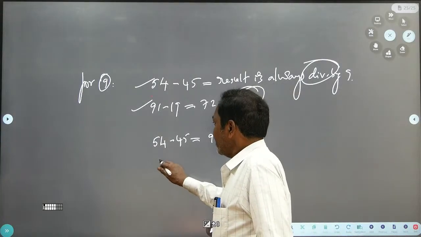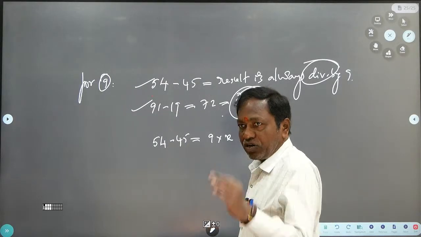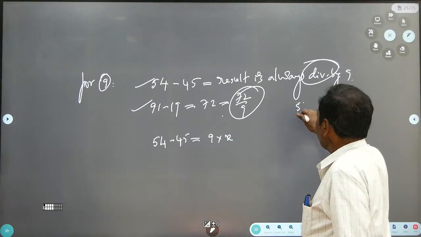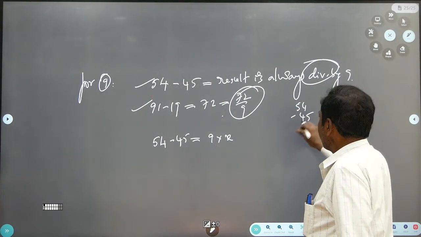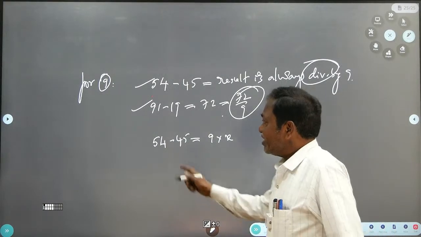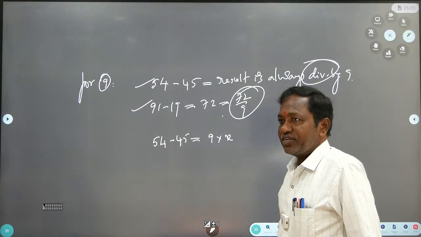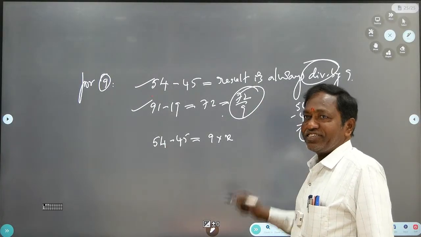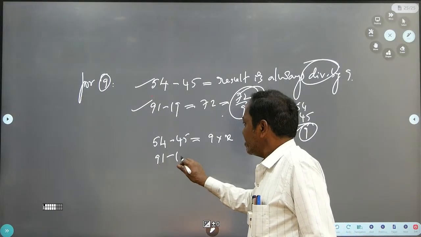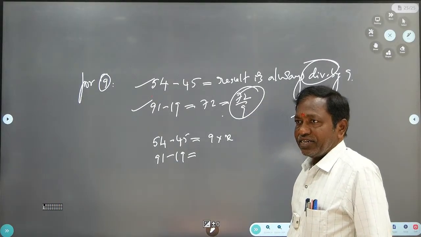And see, even we will tell how it is, like 54 minus 45. The shortcut is what? Otherwise, we have to do it like this: 54 minus 45 is 9, yes, 9 into 1. Instead, you can see the difference between the digits. What is the difference between the two digits? 1, so 9 into 1. For example, 91 minus 19: what is the difference between the digits? 8.